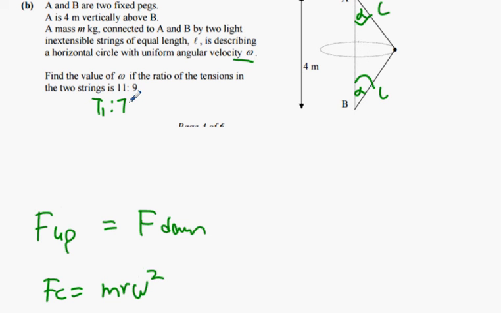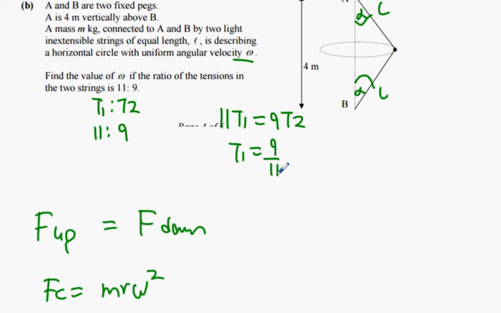T1 is to T2 is 11:9. So in essence, 11 T1 equals 9 T2. Therefore, T1 equals 9 over 11. Did I change them all to T2s or T1s? I should change it to 11 T1s.